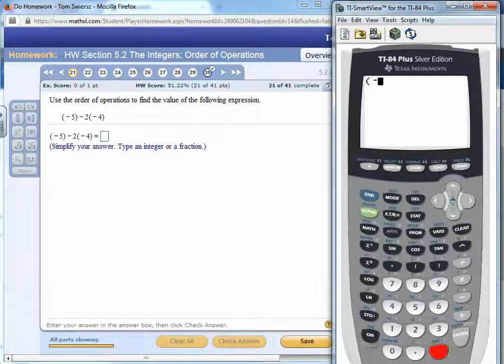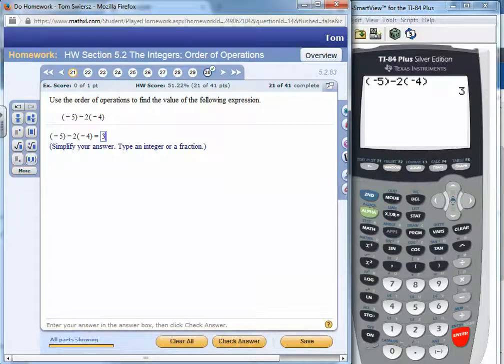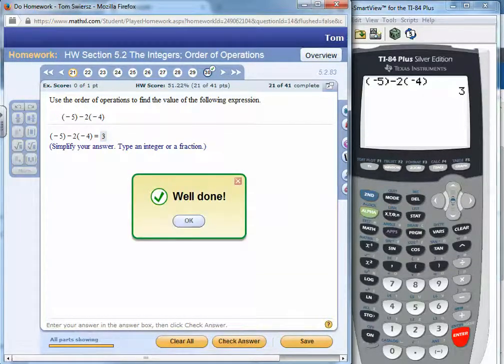So remember, the negative is below the 3. -5, we're subtracting, which is the gray key, and then we're taking 2 times. You don't have to put in a times, you can just put in parentheses. The calculator will automatically do it. There's the entire problem, hit enter, and it will give the correct answer. It'll do the correct order of operations.